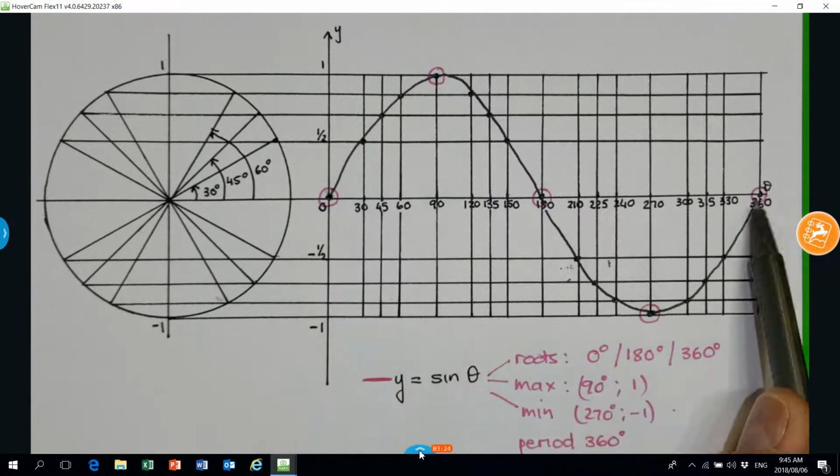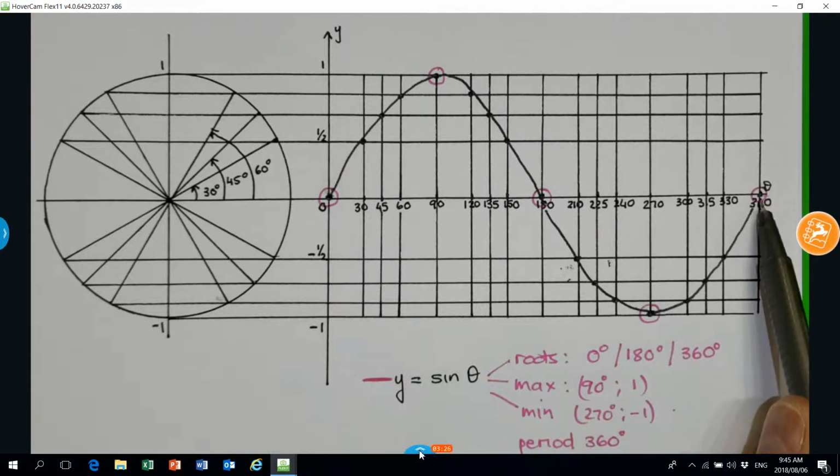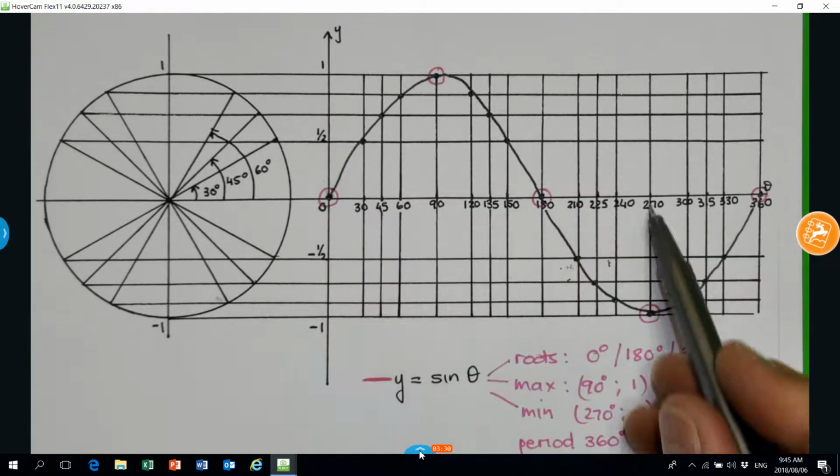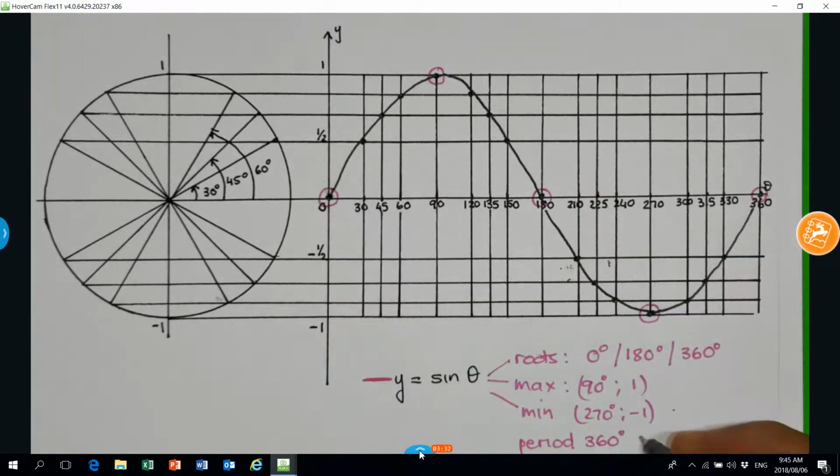The line of rest of this graph is this horizontal. The furthest it moves away is 1 and minus 1, and we refer to that as the amplitude of the curve. The amplitude of the curve is indeed 1.